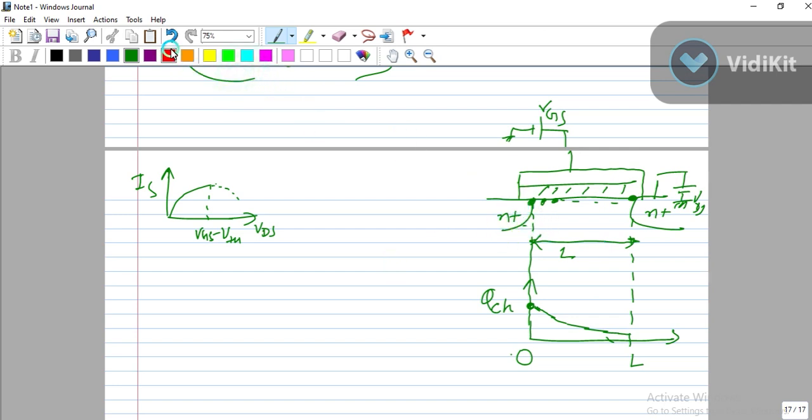I'm taking another pen for showing the charge concentration somewhat like this.